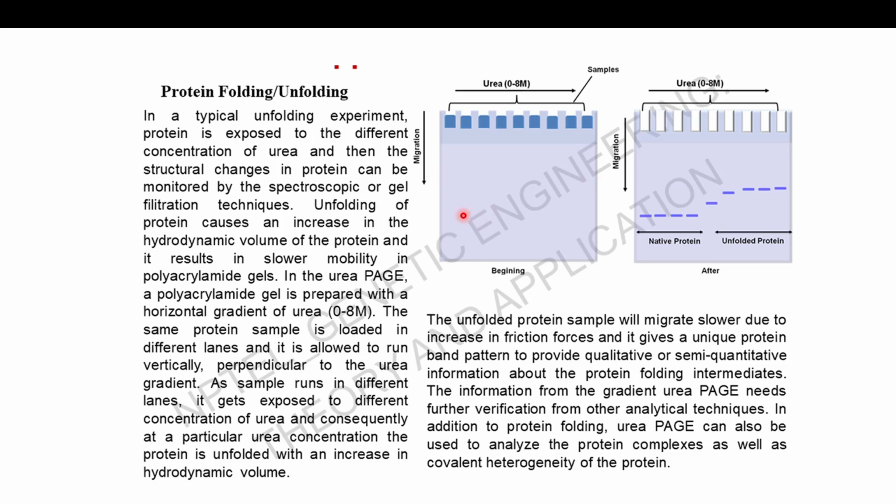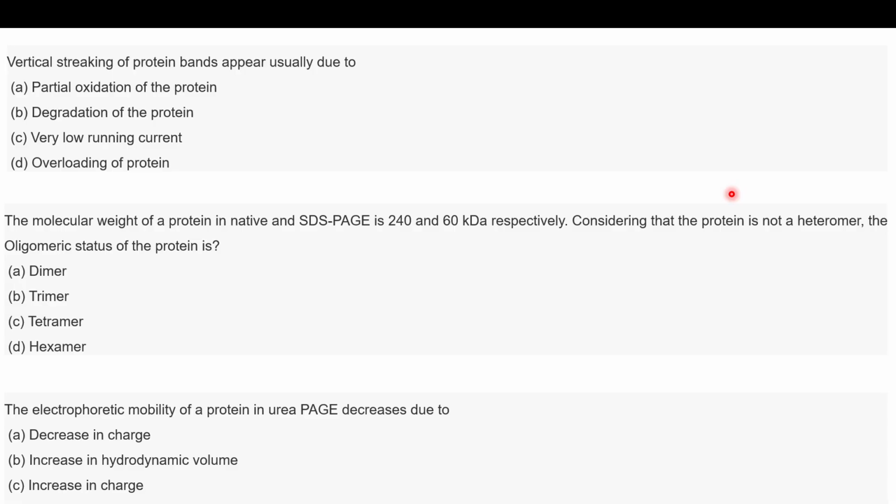And natively folded proteins, being natively folded, will move the fastest. So the bands will be seen in a lower region as compared to the bands seen here. This is the unfolded protein, and this is the native protein, because this region has higher concentration of urea. Okay, now we talked about some troubleshooting techniques in PAGE.